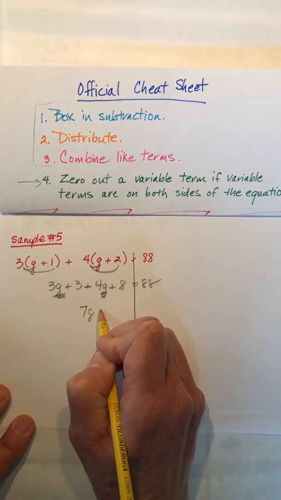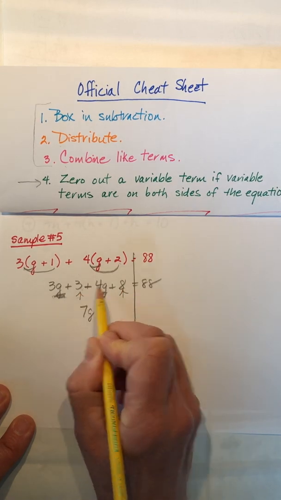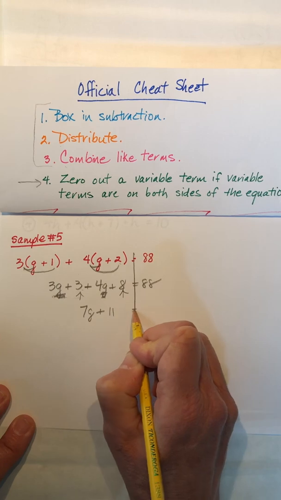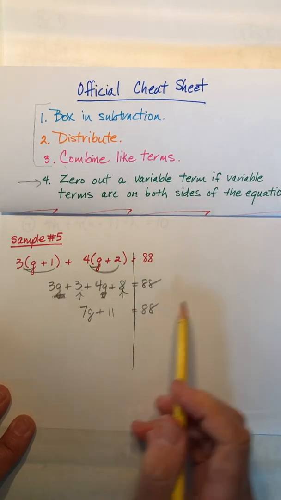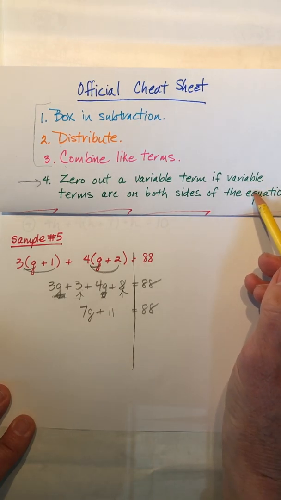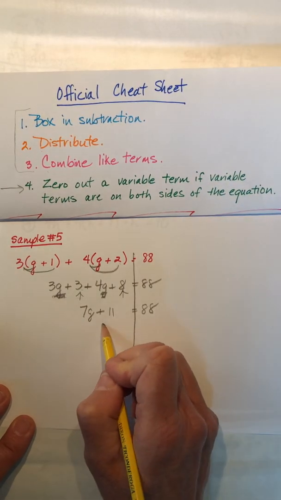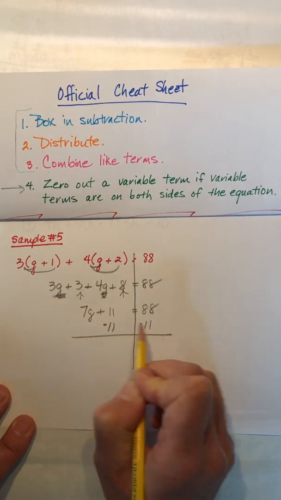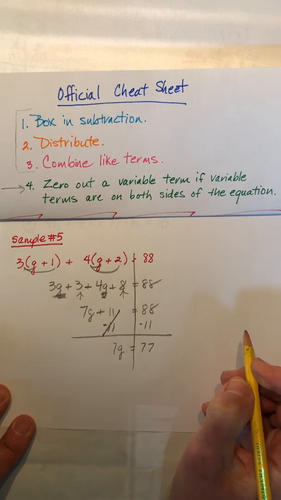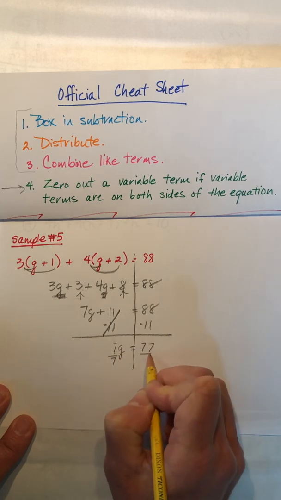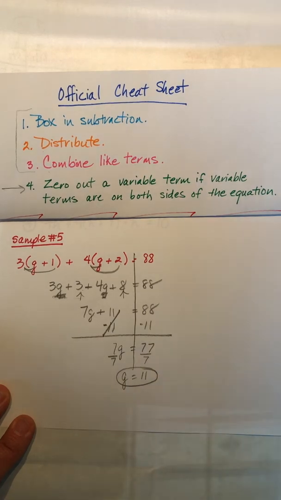That makes 7g plus the 3 and the 8, the celebrities, can be combined. If we had variable terms on both sides, we would be dealing with step number 4, but we don't, so we are ready to move on and solve. I'm subtracting 11 from both sides. 7g equals 77. Dividing both sides by 7, and voila, g equals 11.